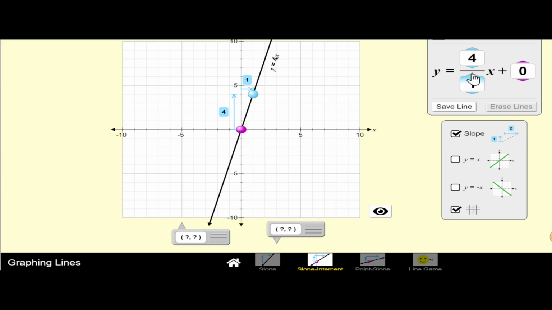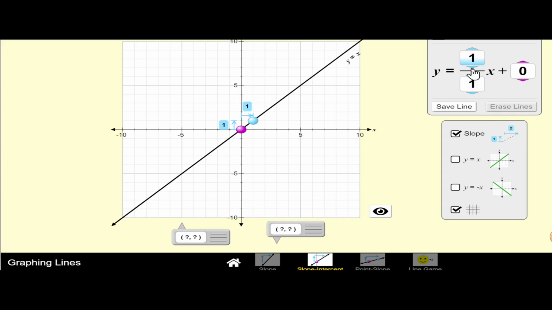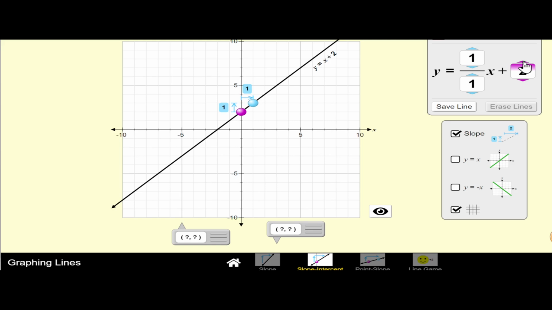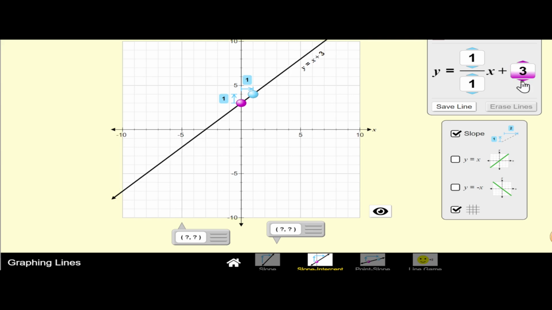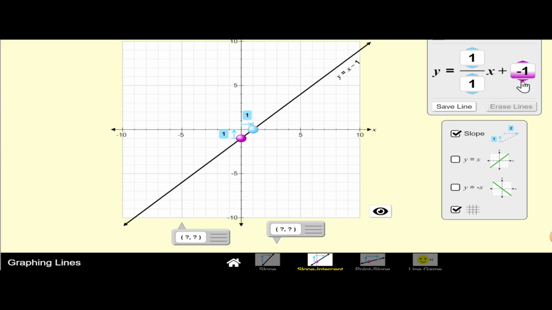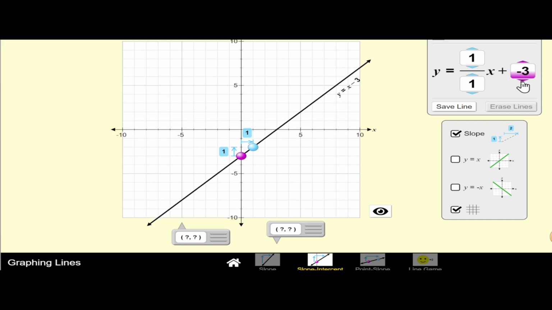Fair enough. Now I'm going to set this back to 1. Now, watch what happens when I change the b in this case. They call it the b, your book will call it c, the constant term at the end. Watch what happens to the graph here as I change this number. So a negative number means that it crosses the y-axis below the x-axis.